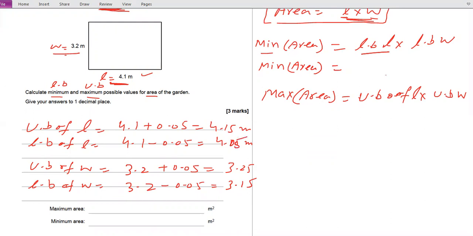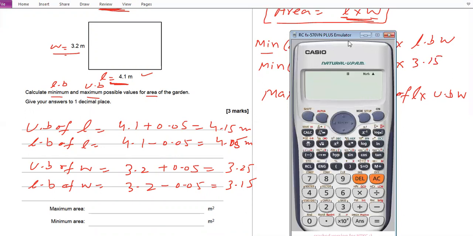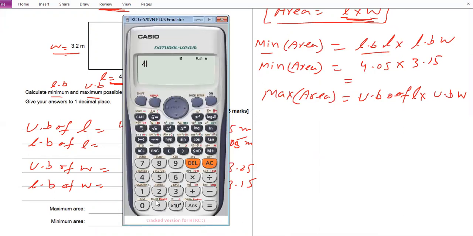Lower bound of L is 4.05. Multiply, what is the lower bound of W? The lower bound of W is 3.15. Now you can calculate it. Okay, let's calculate. 4.05 multiply 3.15. So we will get 12.7575.